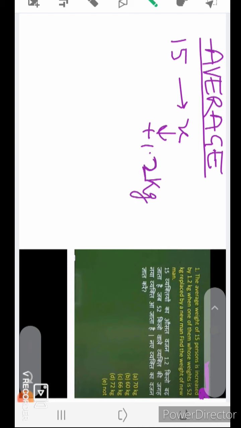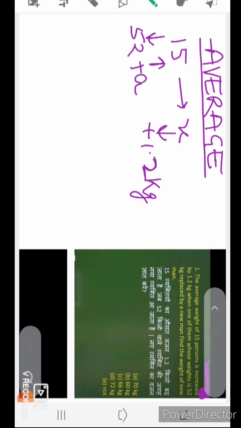Now this 1.2 kg is increasing when one of them, whose weight is 52 kg, is going out, that is exclusion, and one man is replacing this exclusion, that we call plus a, as an inclusion.